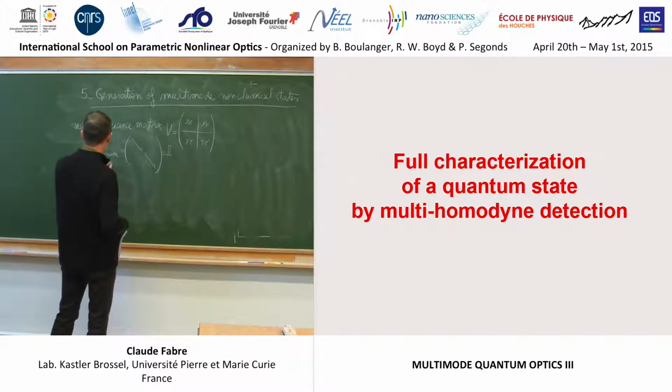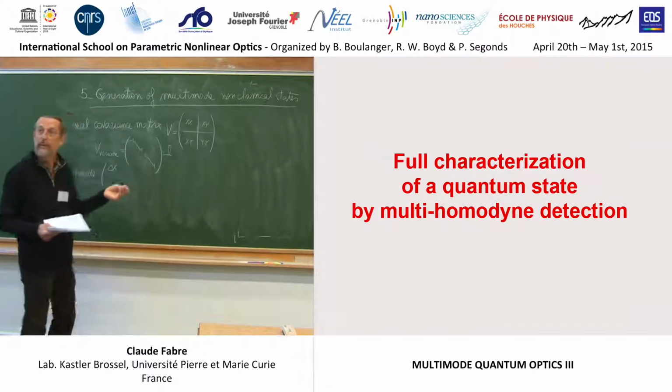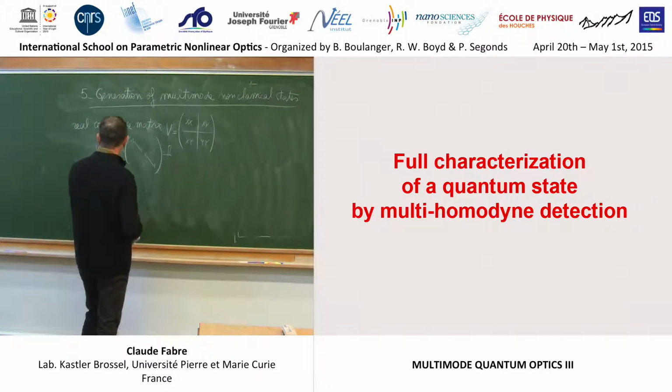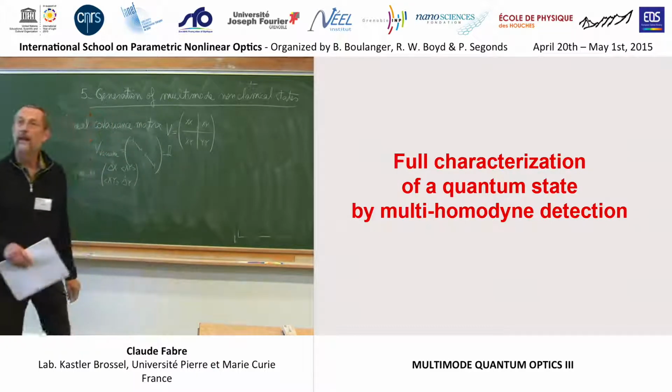One mode, you have a 2 by 2 matrix, okay? 2n is 2. So you have here delta x squared, delta y squared, and here you have the xy correlation, and its conjugate, but it's real, so it's a symmetric matrix.